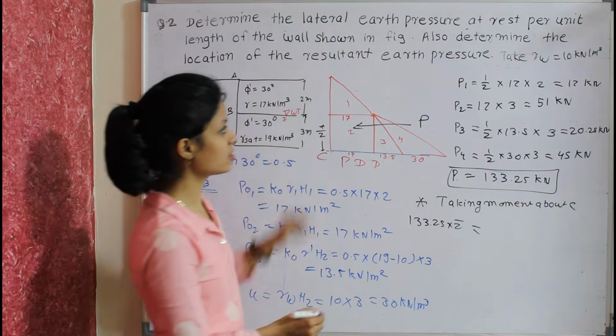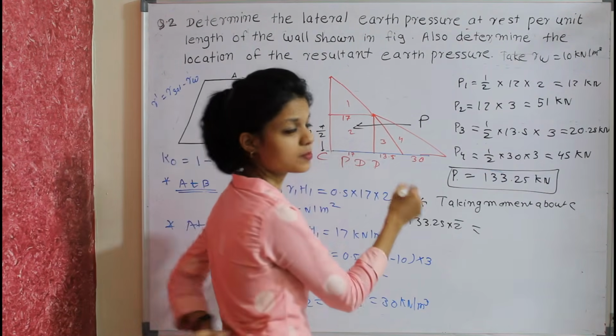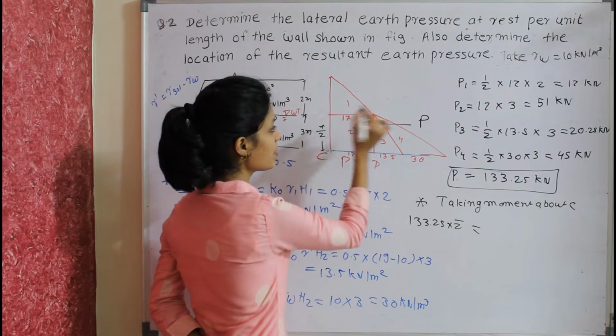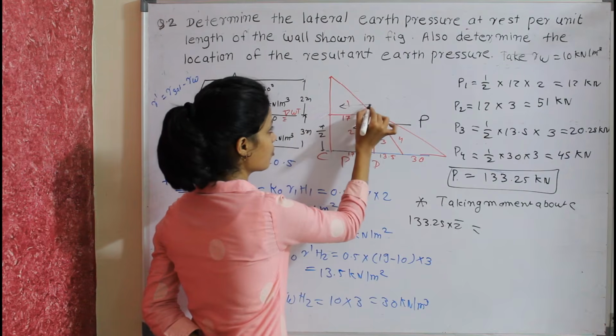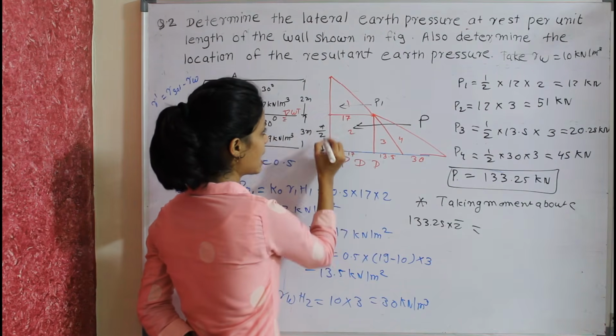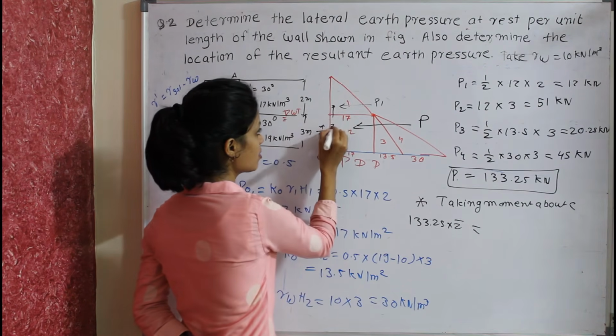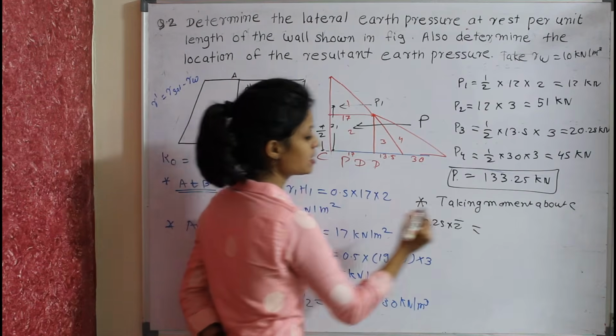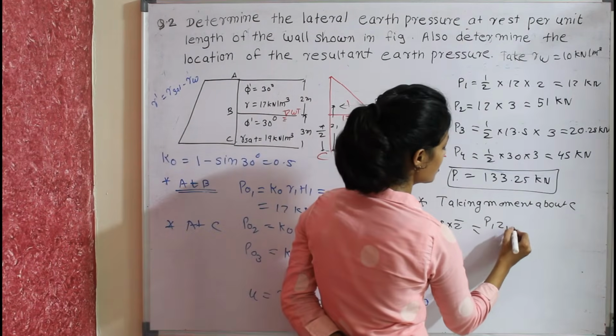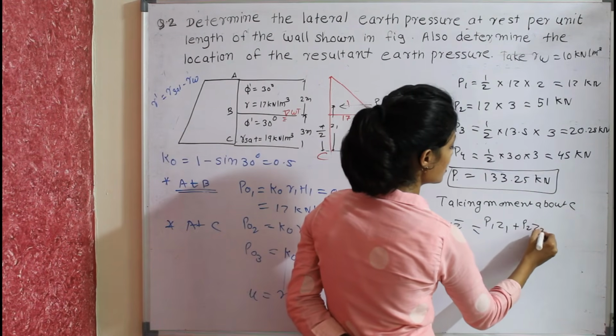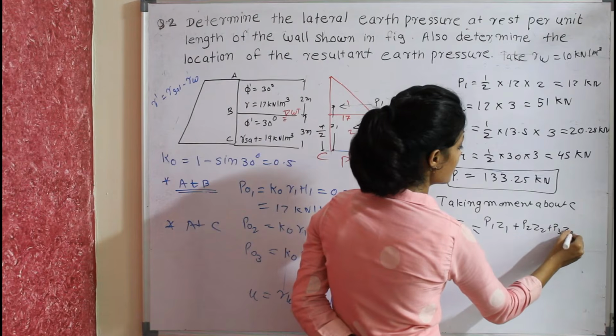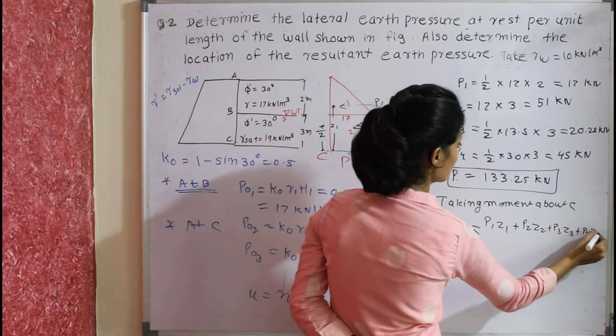Second, for the individual pressures, P1 acts at one third from the base, that means at Z1 from C. So P Z bar equals P1 into Z1 plus P2 into Z2 plus P3 into Z3 plus P4 into Z4.